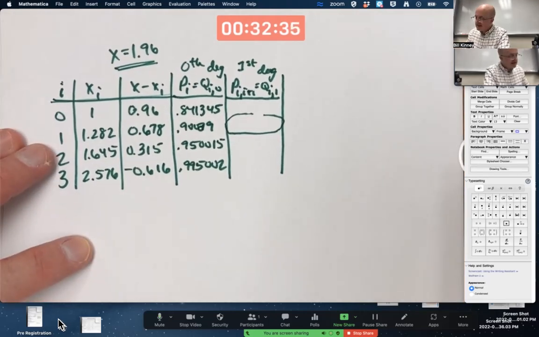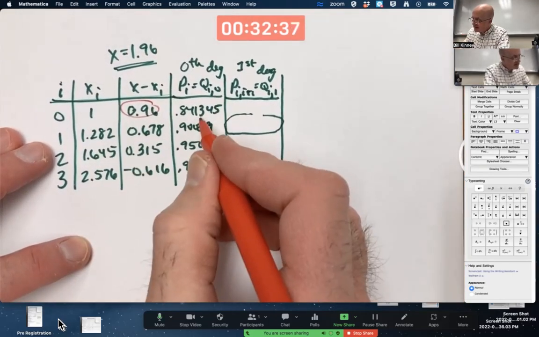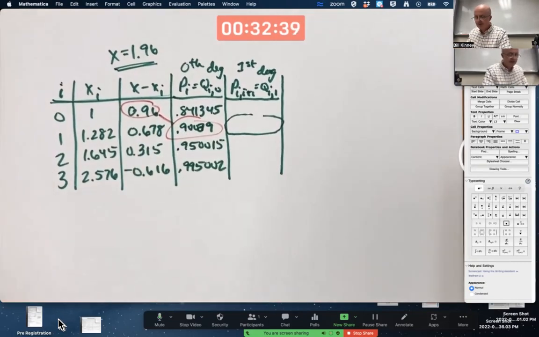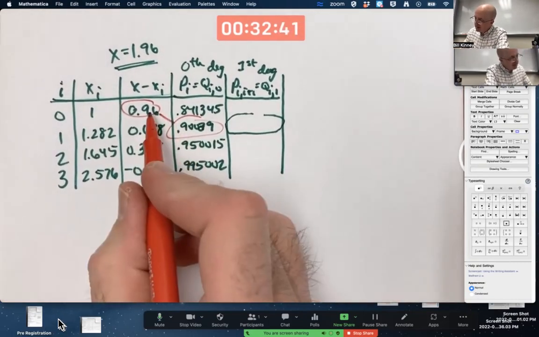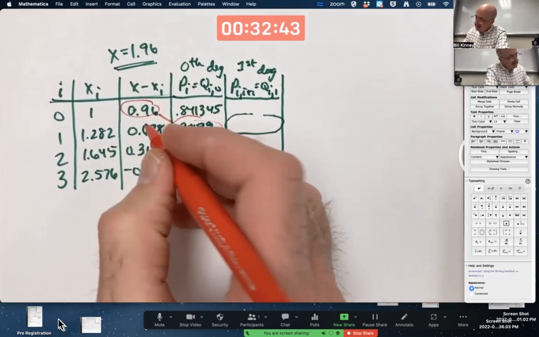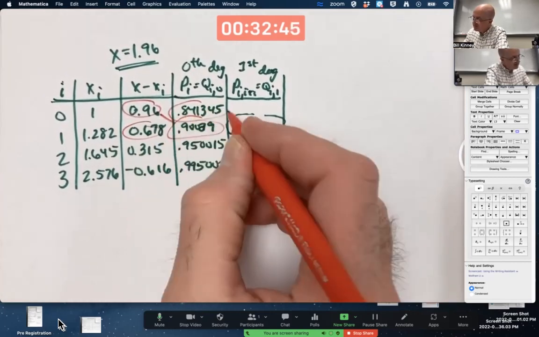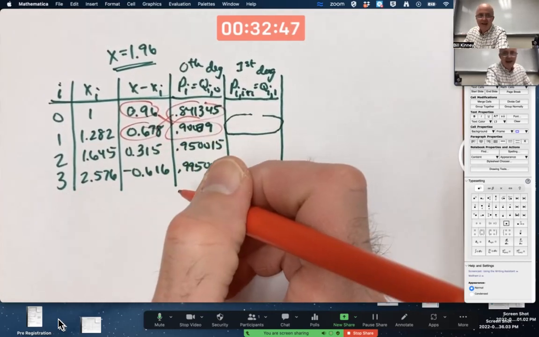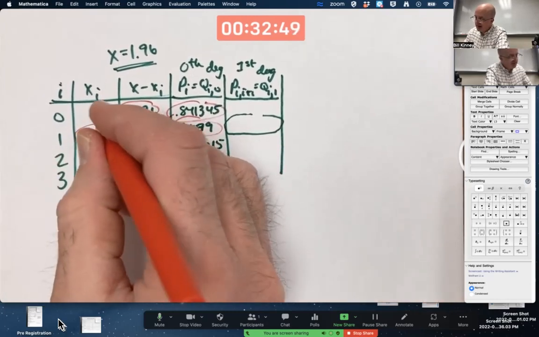So the method is to take this number times this number, the numbers upper left to lower right, subtract this number times this number, and then divide by this number minus this number.